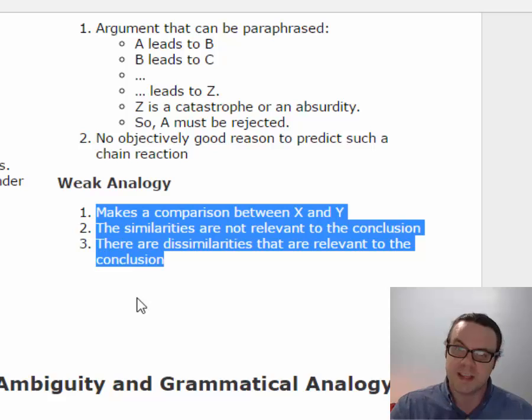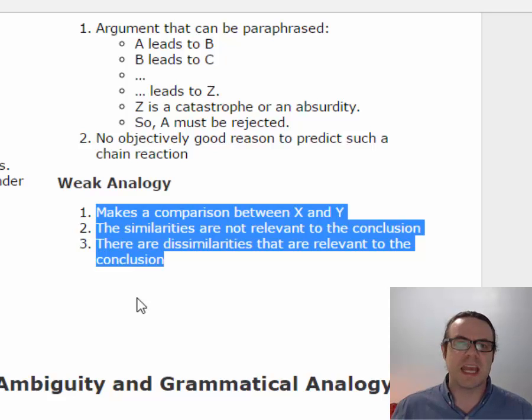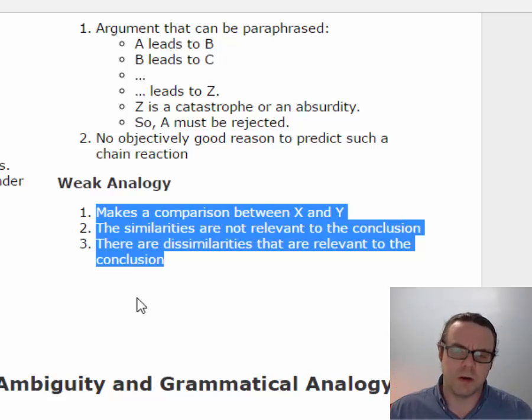So based on the similarity of the color and the material of the seats, I'm drawing this conclusion about the gas mileage. Well, those things aren't related. So if they're similar in those ways, doesn't mean they're similar in gas mileage. It'd be a different story if I made a comparison between the engines of the two cars. Then I might have something going here.